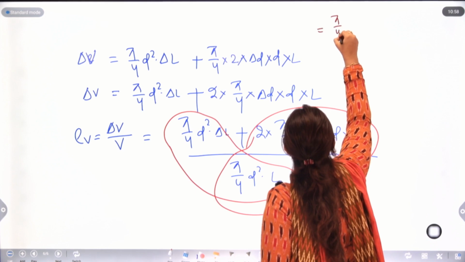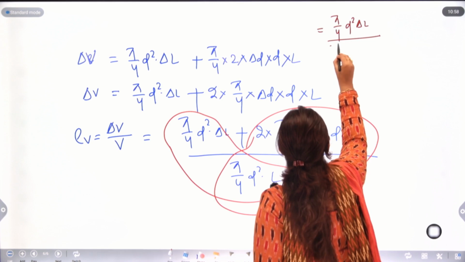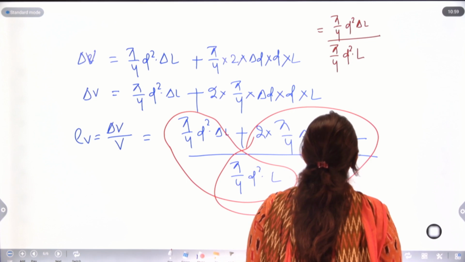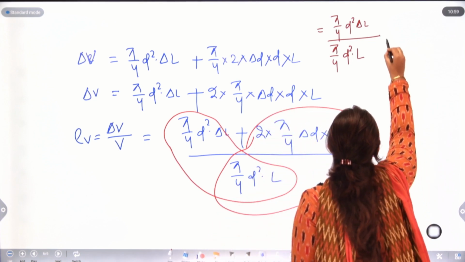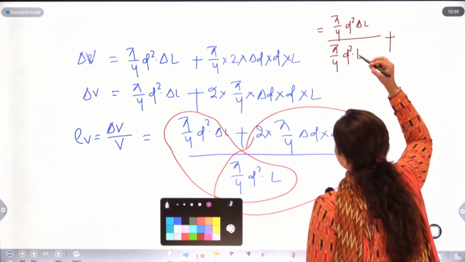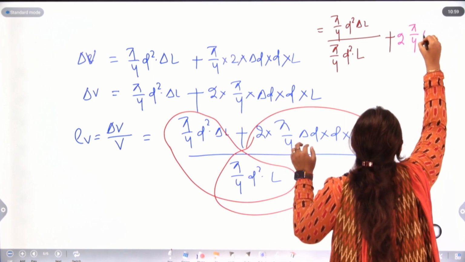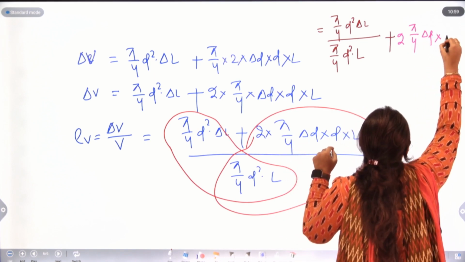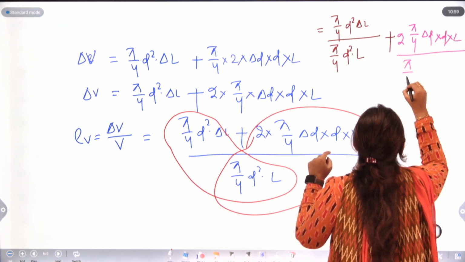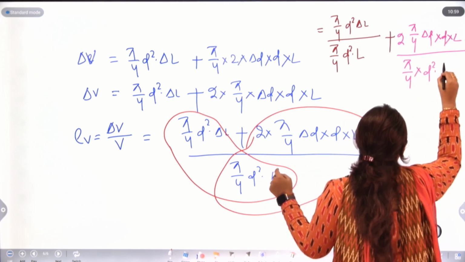We can write pi by 4 D square del L upon pi by 4 D square into L, right? Also 2 into pi by 4 del D into D into L upon pi by 4 into D square into L, right?